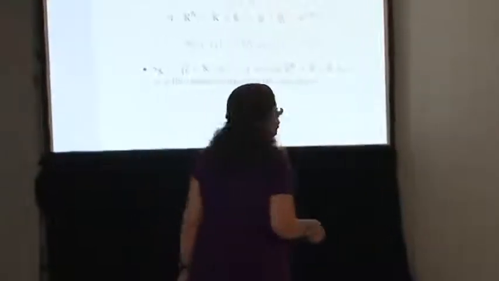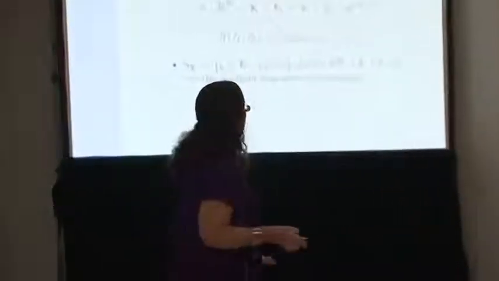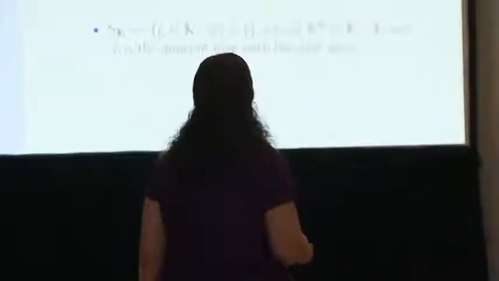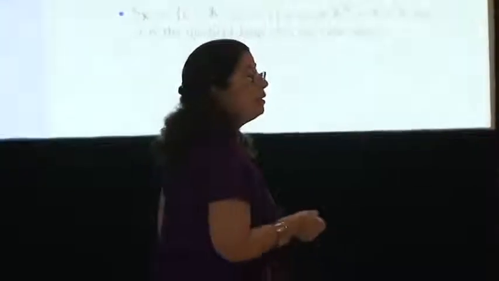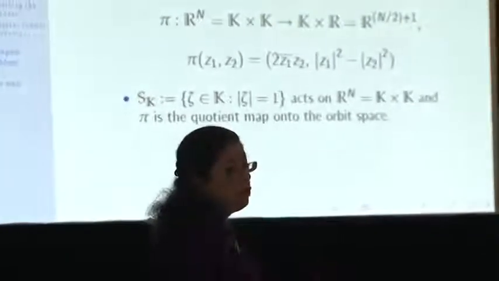But from the topological point of view, all you are doing is you look at the unit sphere in K, and then the unit sphere acts on K cross K just by multiplication on each coordinate.